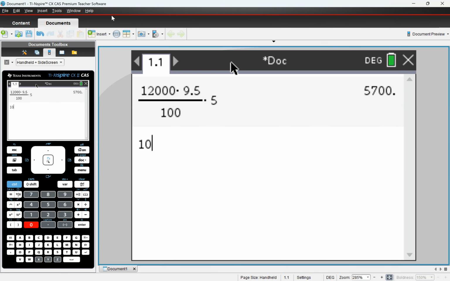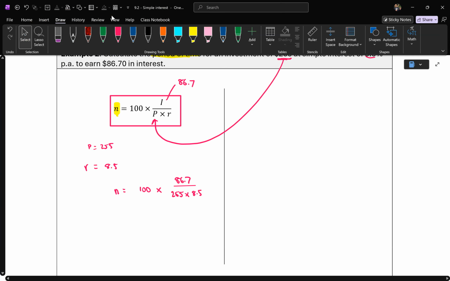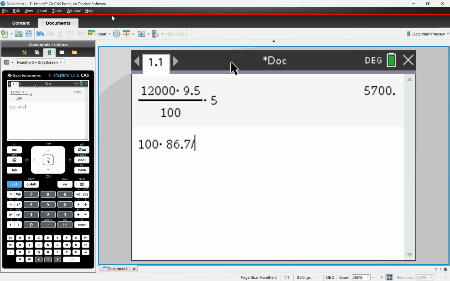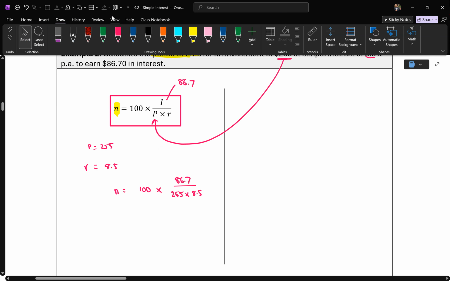But here we go. On your calculator, we're doing 100 times 86.7 divided by, now this part you've got to be careful, because it's P times R on the bottom together. If you do it on your scientific calculator and you don't put in the brackets, you could get this wrong, because it will work from left to right and assume you're doing 86.7 divided by this, then times that.